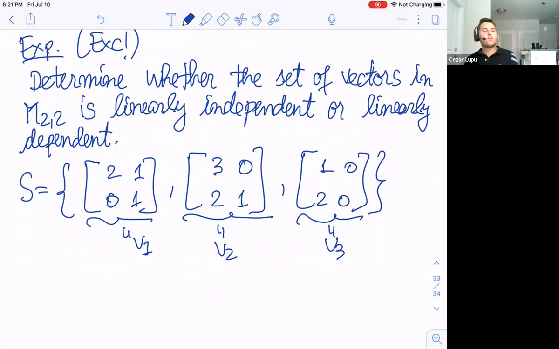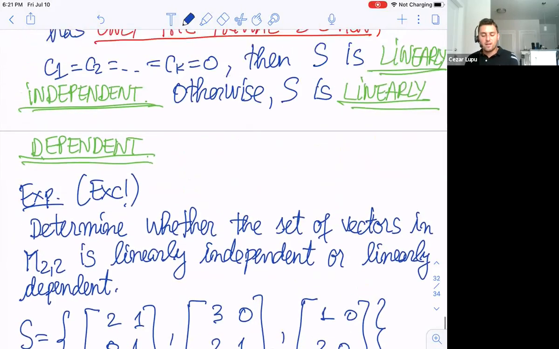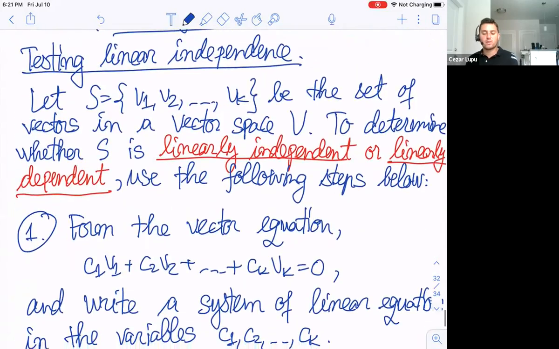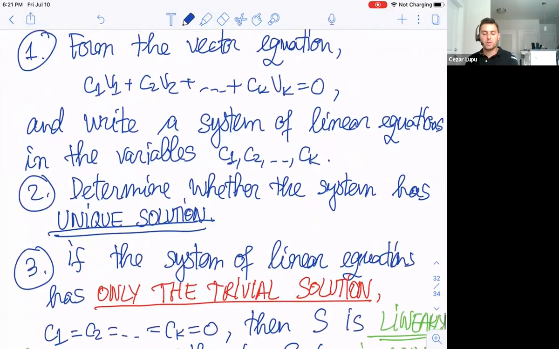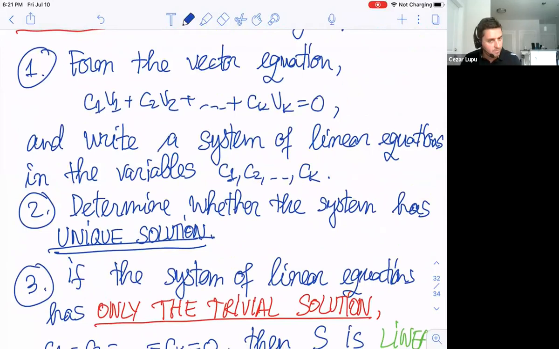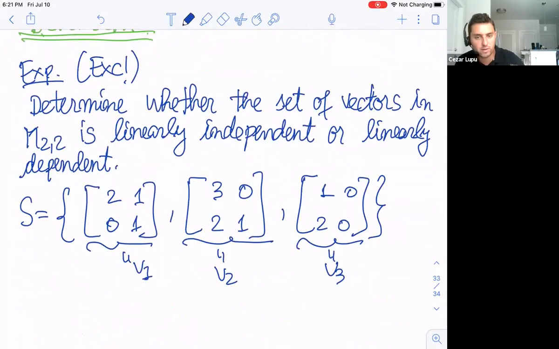So in other words, what do you need to do? You're just going to do the same thing as described here. We're going to test the linear independence. You're going to form the vector equation. Then you'll write the system of linear equations in the variables C1 to C3 in our case. By the way, the null vector in this case will be the 2 by 2 matrix with 0 entries.